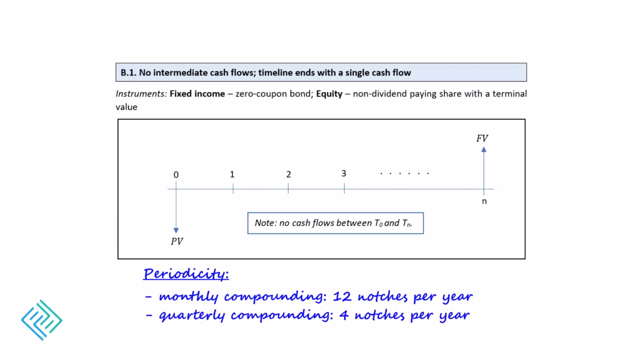If the rate is compounded quarterly, then you will have 4 notches per year, and so on. It is only when the discount rate happens to be compounded annually that you have the luxury of switching off and simplistically marking your timeline on a year count basis.